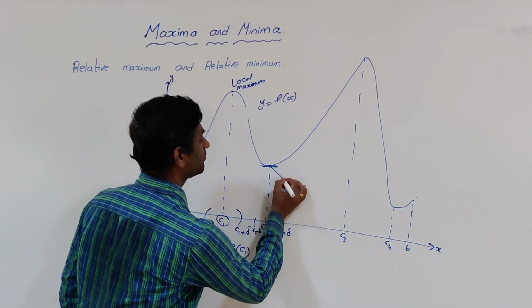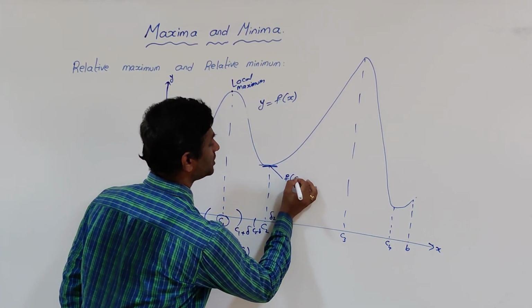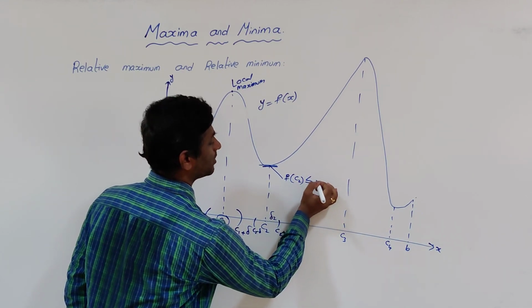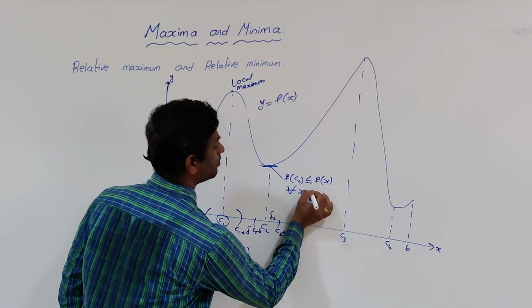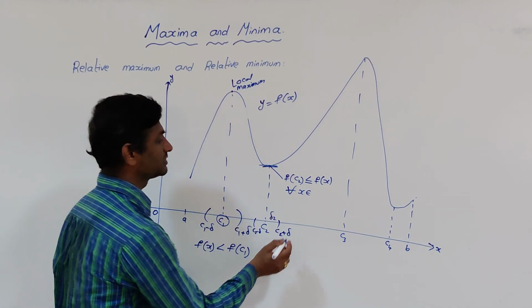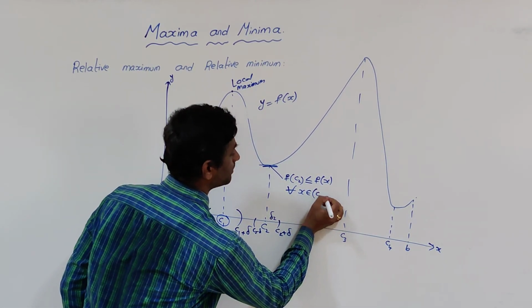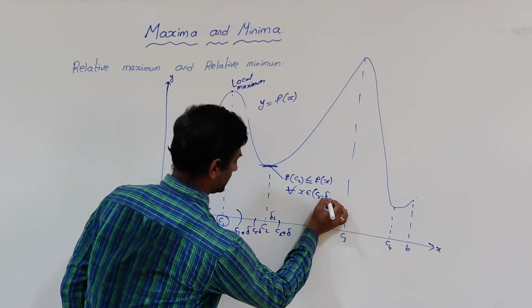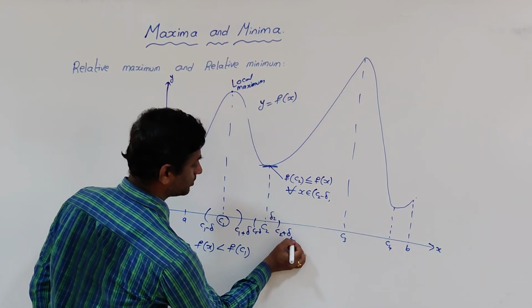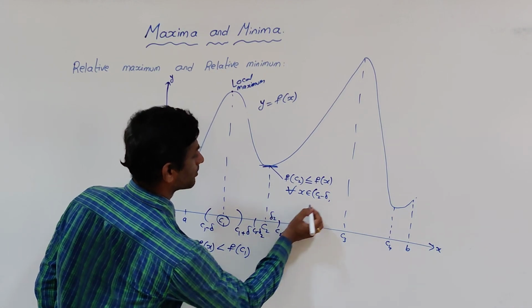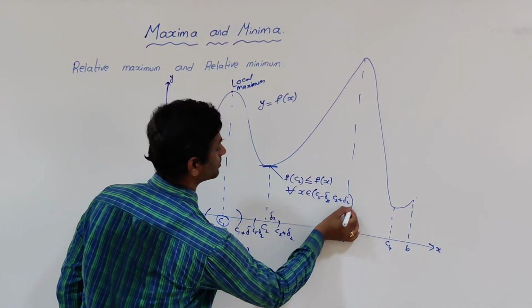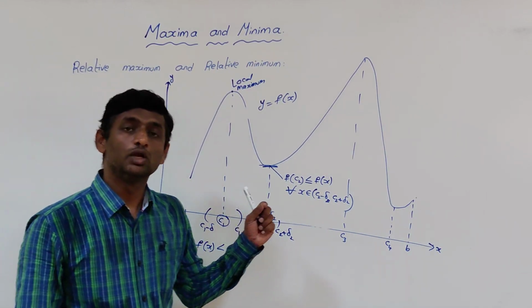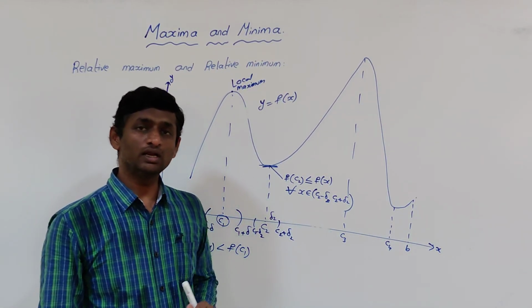So what will be the condition? f(c2) will be less than or equal to f(x) for all x belonging to the neighborhood of c2, that is (c2 minus delta 2, c2 plus delta 2). In this way we can find local maximum and local minimum.